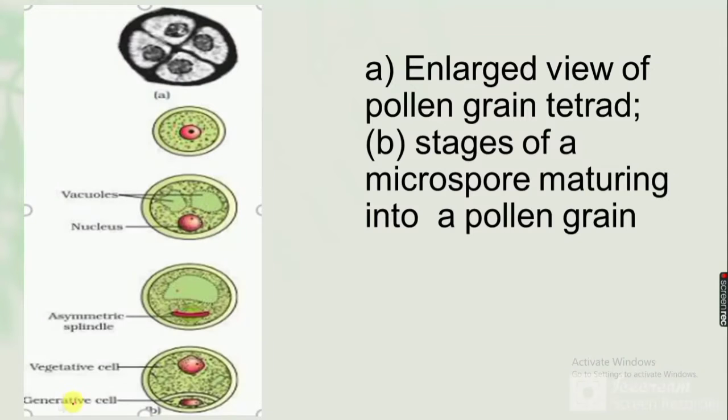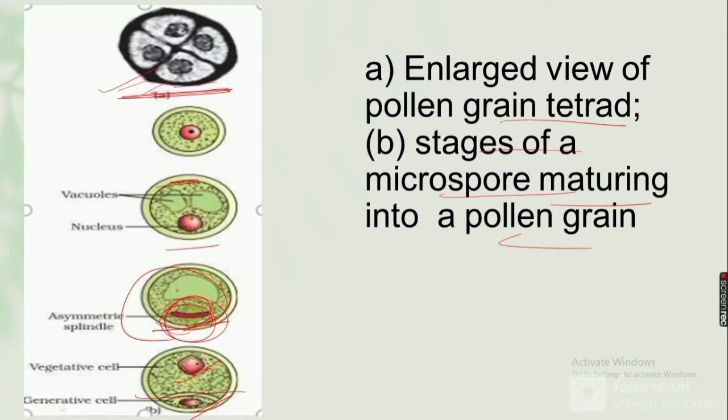Here you can see an enlarged view of the pollen grain tetrad and the stages of a microspore maturing into a pollen grain. Before they develop into vegetative and generative cells, they form an asymmetric spindle.